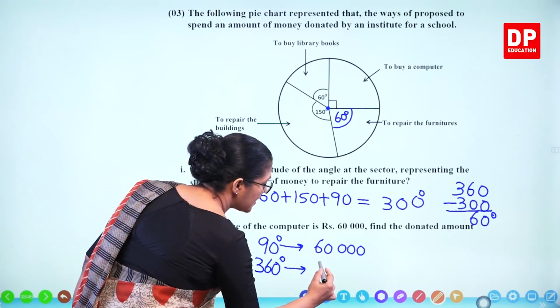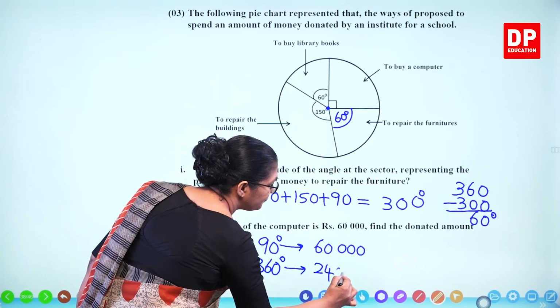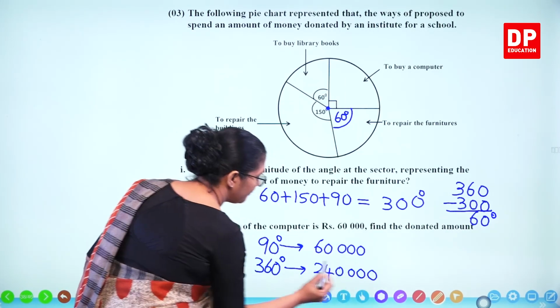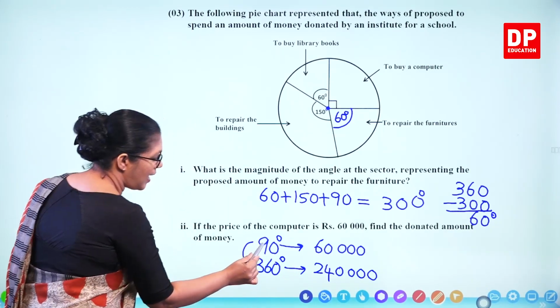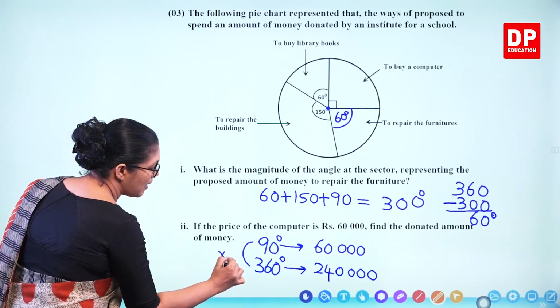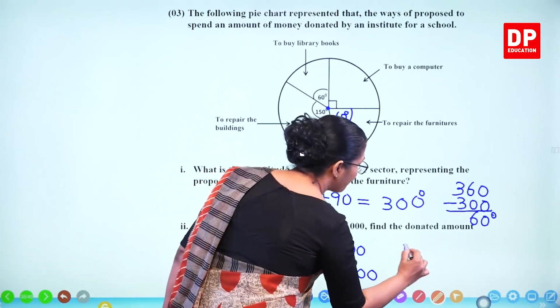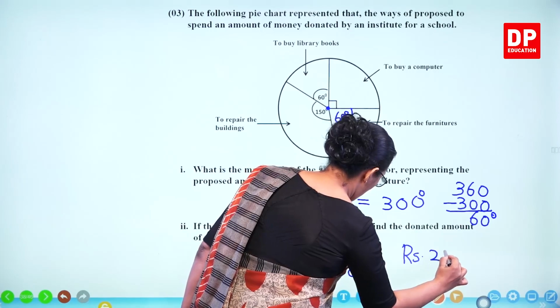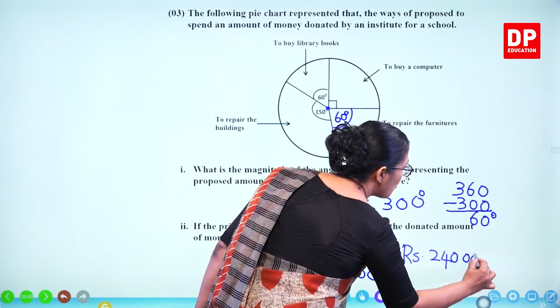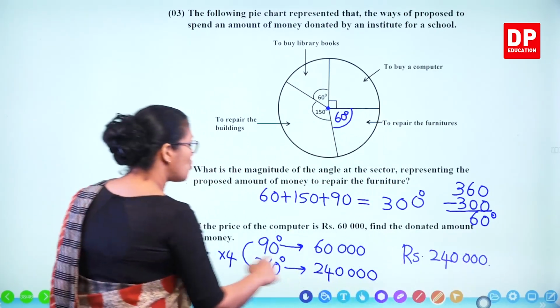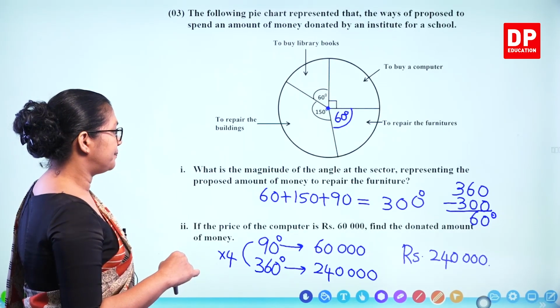So 4 times 6, 24. Can you see this one? 90 to 360 means multiplied by 4. You do the same thing. So what's the amount? 240,000 rupees is the total amount.